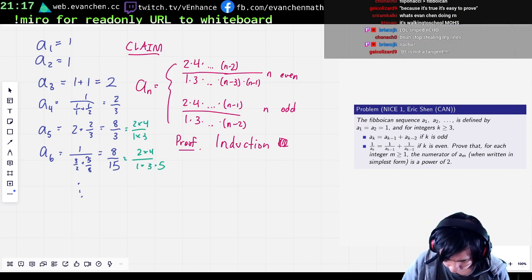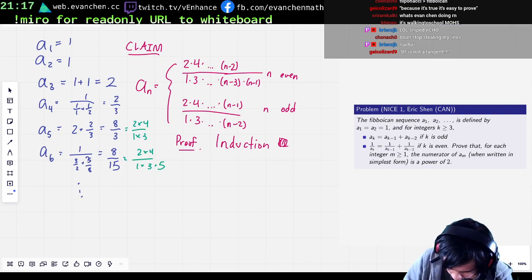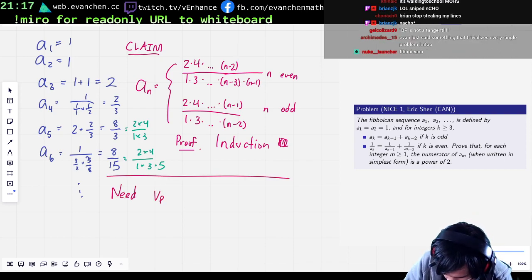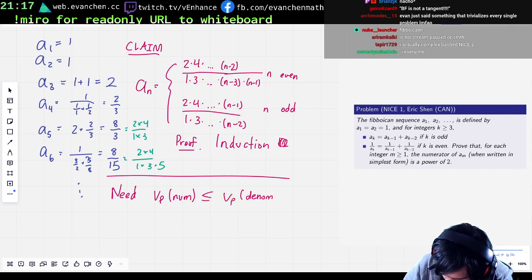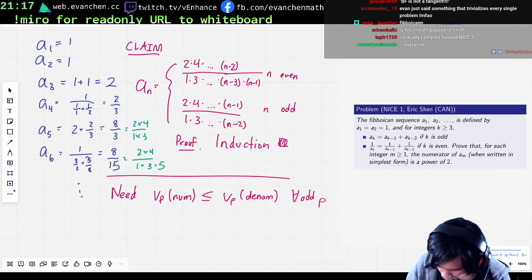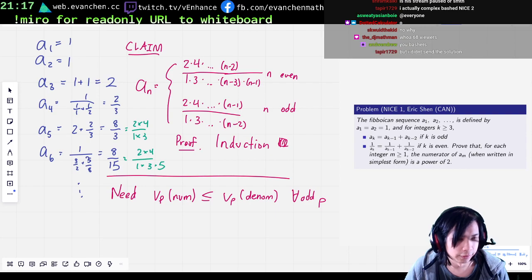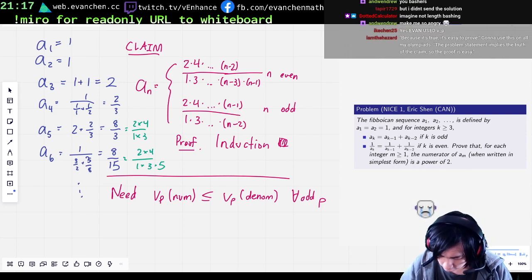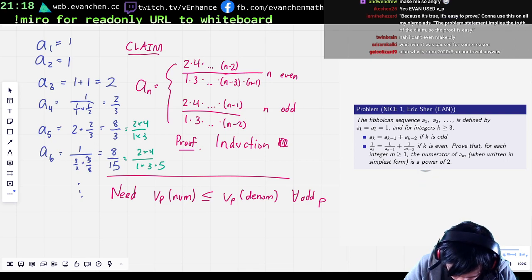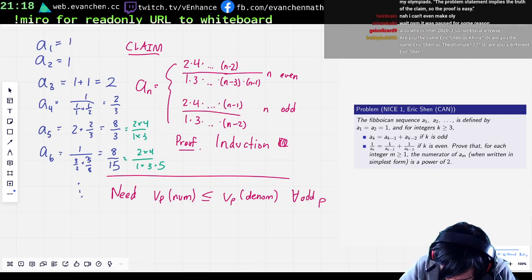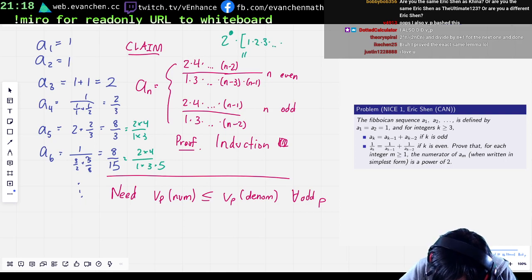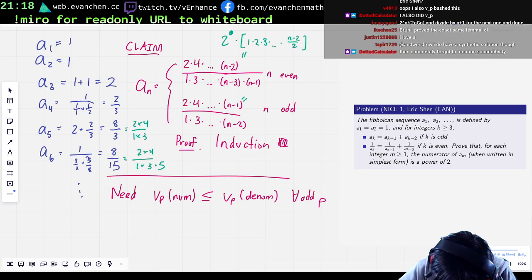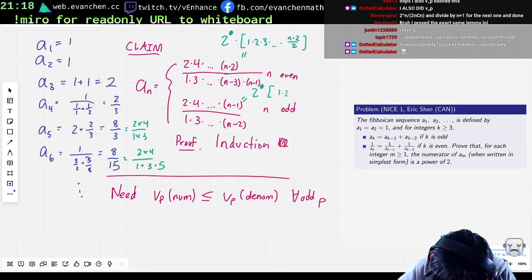So in other words, you would like the v_p of the numerator to be less than or equal to the v_p of the denominator for every odd prime p. However, this is actually pretty obvious because I can take the numerator and write it as 2 to the something times 1 times 2 times 3 up to n minus 2 over 2, and the denominator is 2 to the something times 1 times 2 up to n minus 1 over 2.